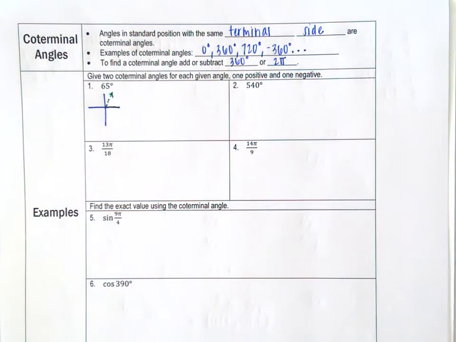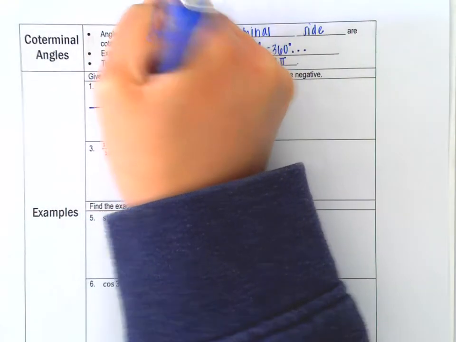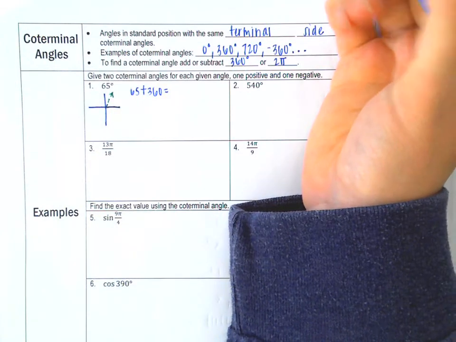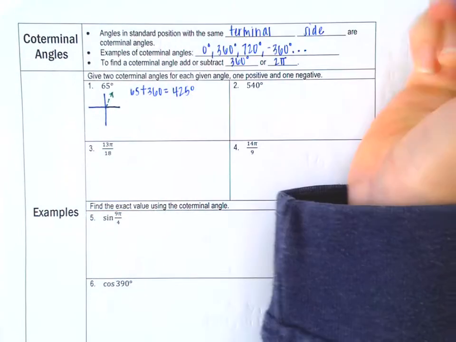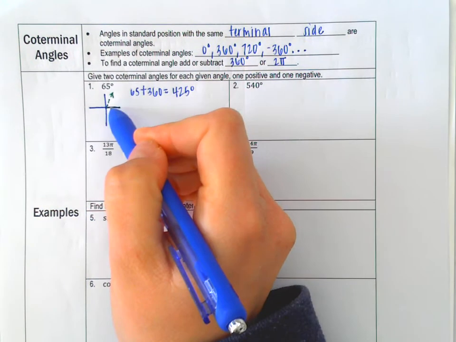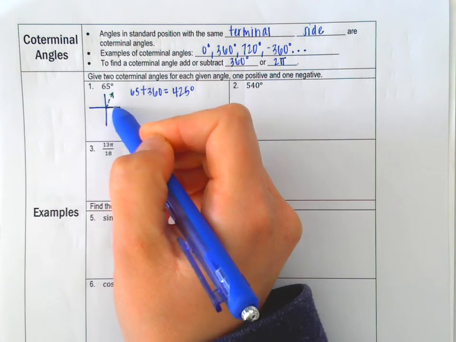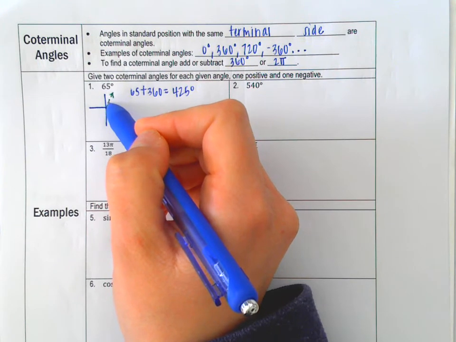So to get 1, we would just do 65 plus 360 to get me 425 degrees. If I went 425 degrees, I'd be going 360 plus another additional 65, which would land me at the same exact spot.